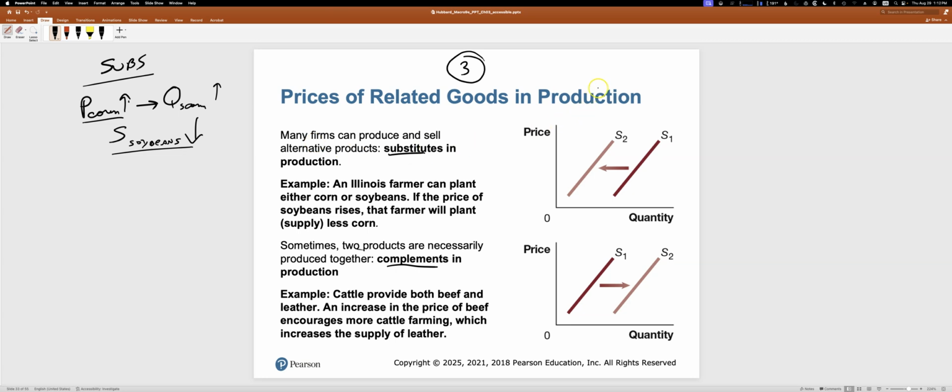And that's what you're seeing here in this picture. And so here we are using the law of supply.